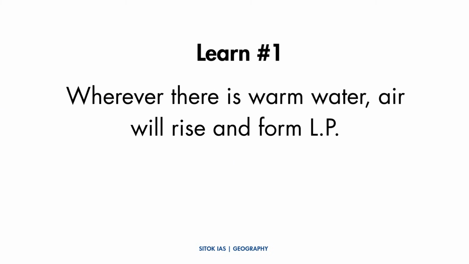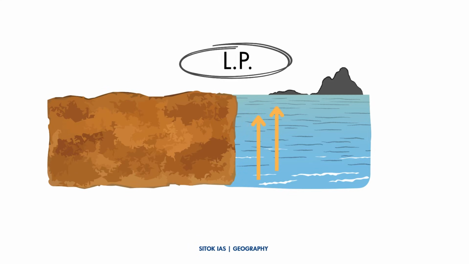So, our first lesson is wherever there is warm water, air will rise and form low pressure. This low pressure does not strictly remain over the ocean, obviously, it will also reflect in the nearby lands as well.